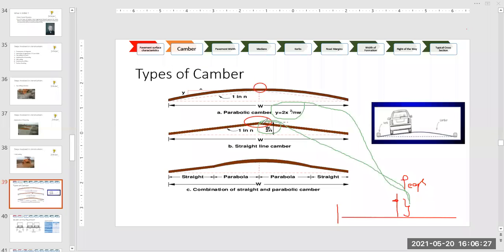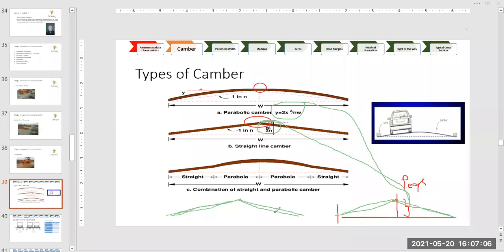We need to calculate the height of the crown. These are quite important formulas. When they have fixed the height, they'll join the road like this, layer by layer. This shall be the edge, and from here they shall continue to fill the road. That is how a camber is filled. Not from the edge to the top, but from the top to the edges, they'll be pulling like this.